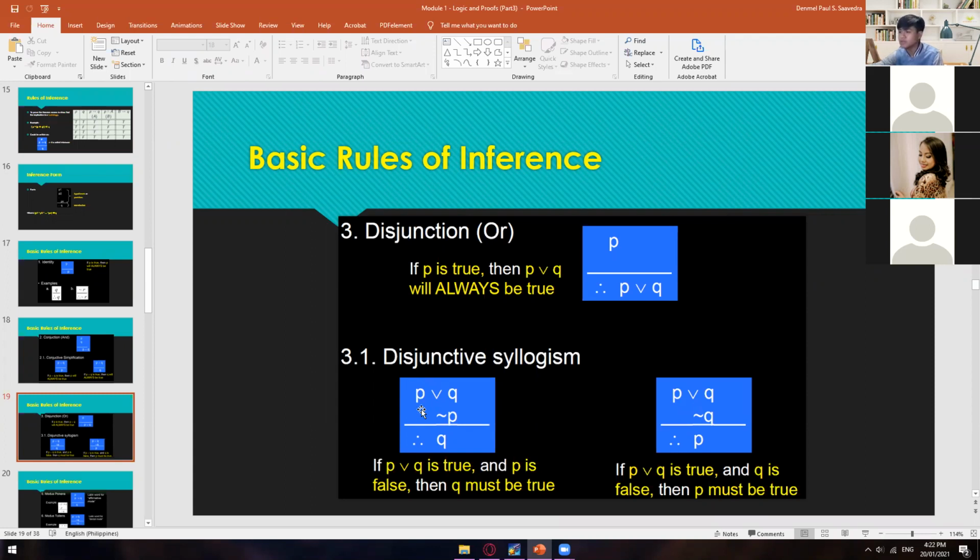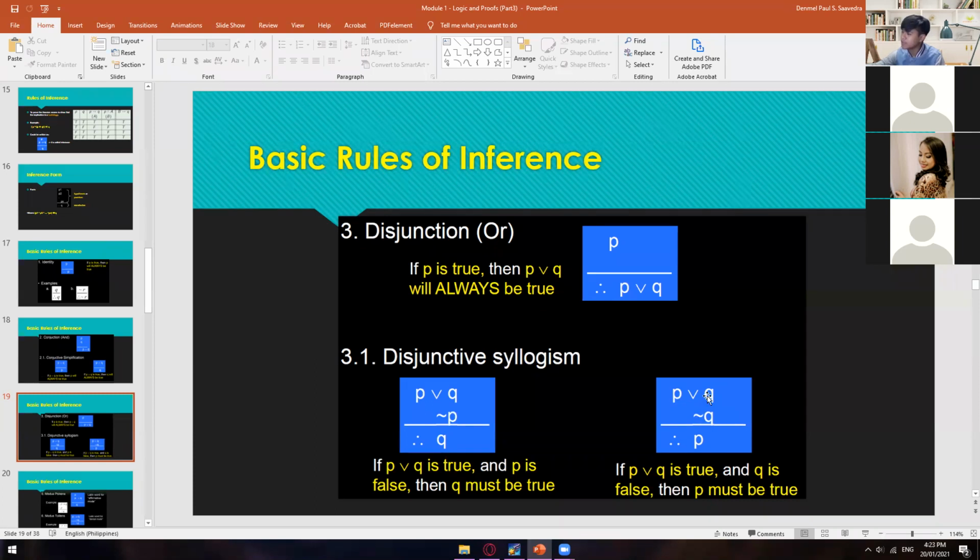So we should conclude that the result must be Q because this one is already true. Okay, so the same with this one. Here, knowing that P or Q is always true, but then there is another hypothesis that says this letter Q is actually false.